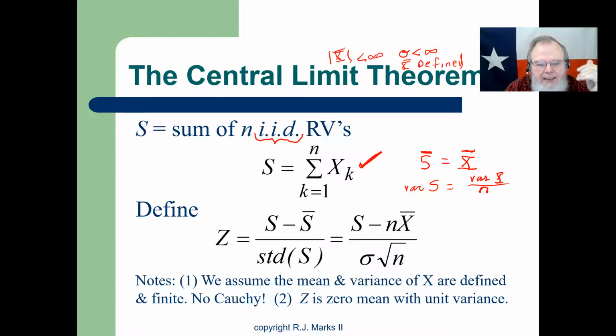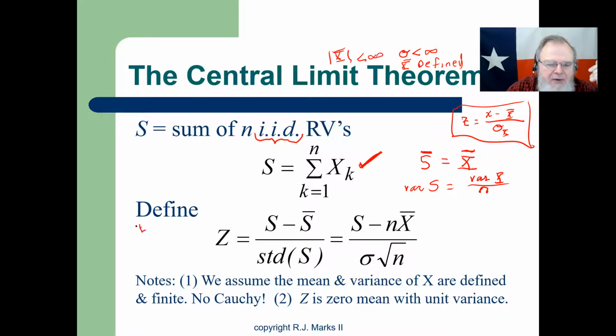Now we're going to define Z is equal to S minus X bar over the standard deviation of S. Those of you in statistics have seen this before, where Z is equal to your random variable minus X bar over the standard deviation. You should have seen this before, because this is a standard operation which is used in probability. Why are we going to do this? We're going to do this because both of these have the same mean.